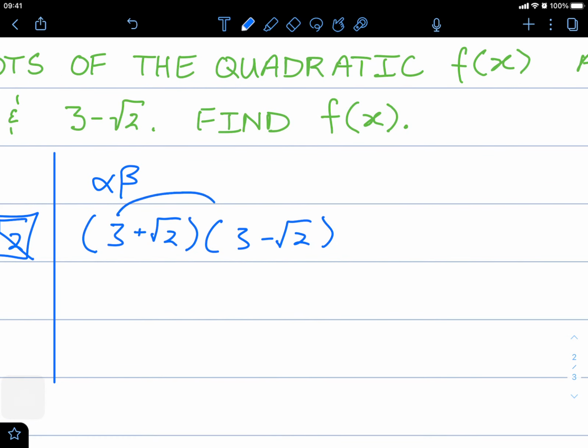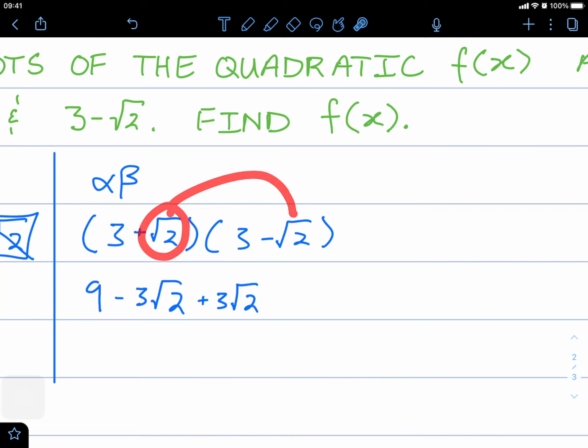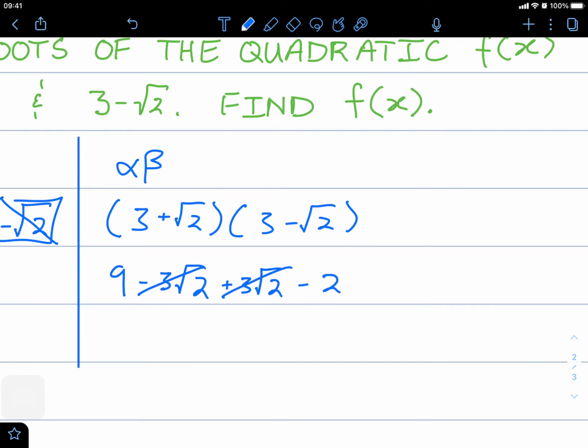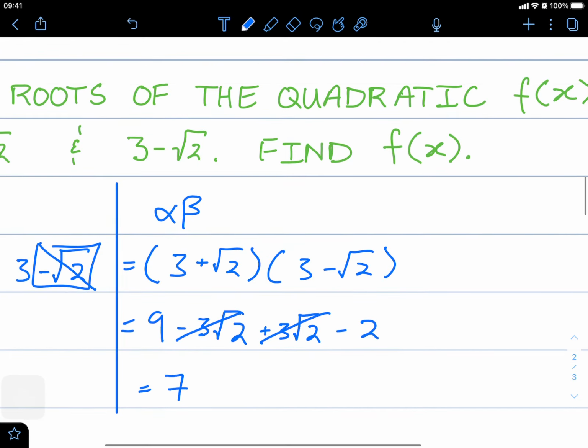Expanding these two, 3 times 3, 9, 3 times negative root 2, negative 3 root 2. Positive root 2 times 3, that's plus 3 root 2. And root 2 times negative root 2 just becomes negative 2. These two cancel, and this will give us 7.